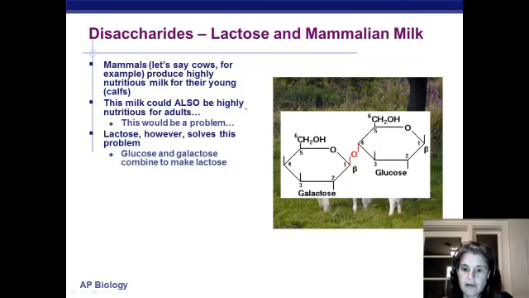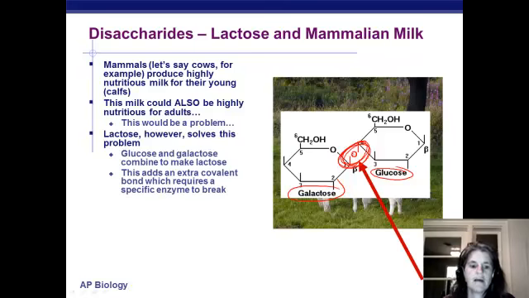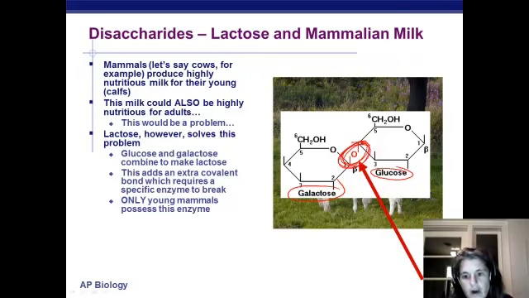Remember that glucose and galactose bound covalently by that very important little bond make up the lactose sugar. The thing is, a special enzyme is required to break this bond, and only young mammals have it.